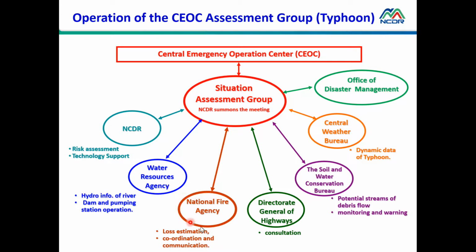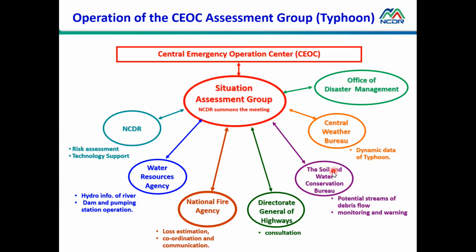We also have the National Fire Agency. They collect a lot of situation reports and are also in charge of logistics support to the Central Emergency Operating Center. The Highway Bureau provides a lot of information on road closures or interruptions to the highway system.